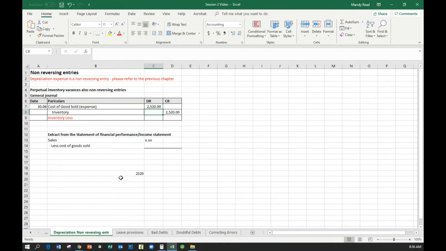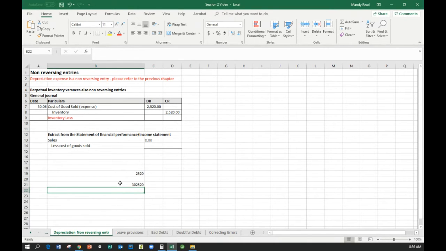They also tell us in the example that the cost of goods sold prior to this happening was $300,000. We now have this additional cost of $2,520 being added, so now our cost of goods sold is $302,520.